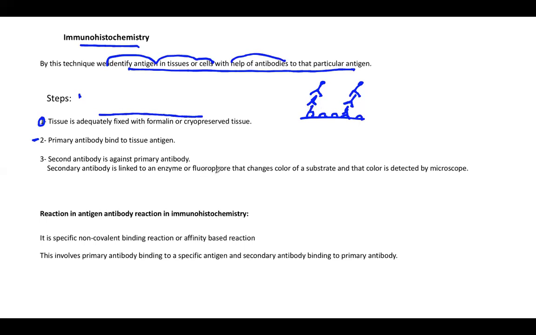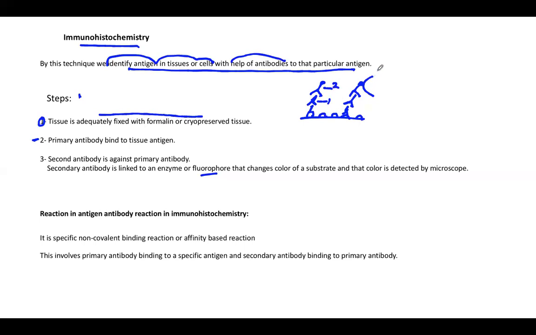So these can be fluorophores or these can be enzymes. If this is an enzyme which changes a substrate, then after we bind the first antibody, then we put the second antibody, then we put that chemical.